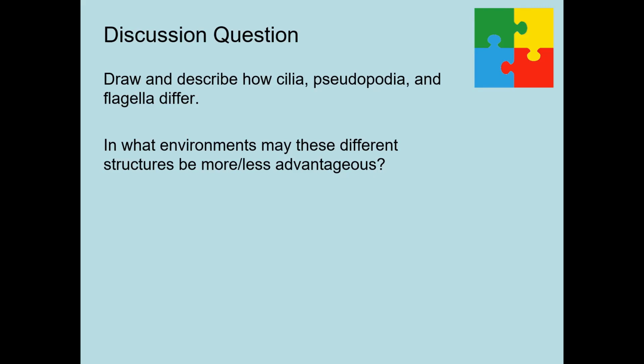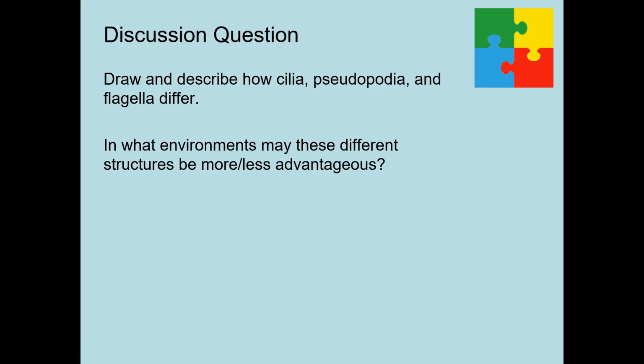So draw and describe how cilia, pseudopodia, and flagella differ. So redraw those pictures and give a description based on what I said. Also, if people don't listen to the recording, they're going to miss a bunch of what I said here. And the next question, in what environments may these different structures be more or less advantageous, is going to be a little challenging to answer.